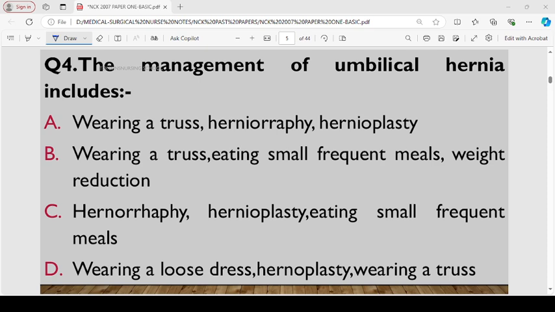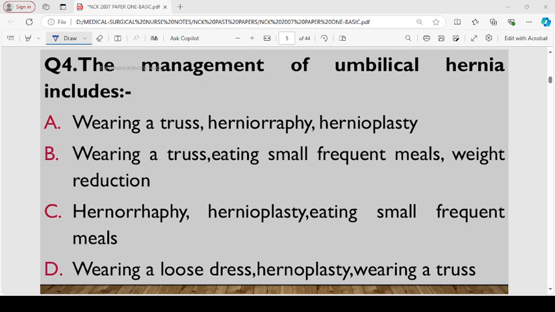Nurse B says wearing a truss, eating small frequent meals, weight reduction. Nurse C says herniorrhaphy, hernioplasty, eating small frequent meals. Nurse D says wearing a loose dress, hernioplasty, and wearing a truss.